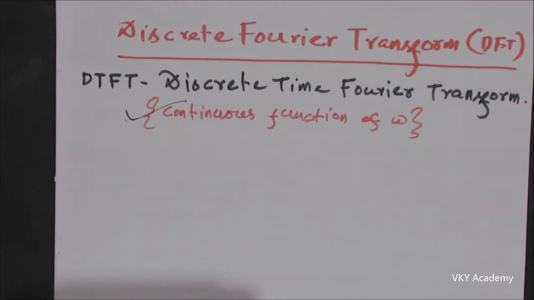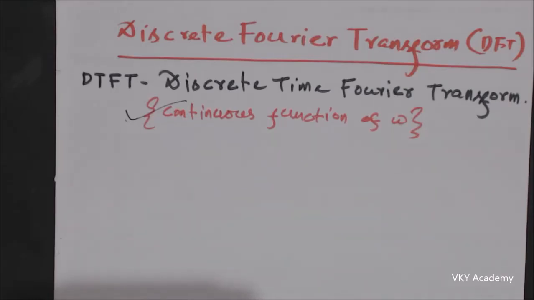Next, the DFT of a discrete time signal is obtained by sampling the DTFT. We need to sample the DTFT of the signal at uniform frequency intervals, and the number of samples must be sufficient to avoid aliasing of the frequency spectrum. The samples of the DTFT are represented as a function of integer k.